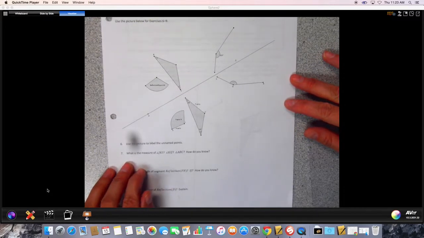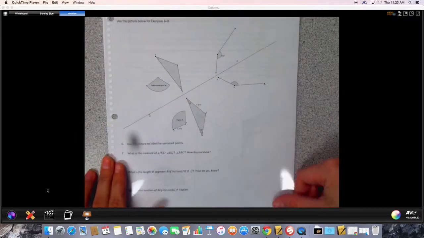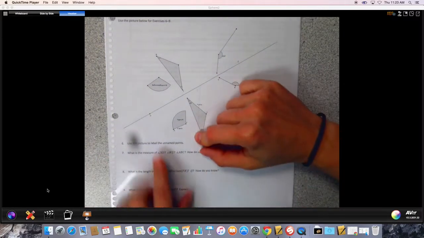Okay, so this one you actually don't have to draw anything in, and please excuse me for a second while I get a new transparency, and mine are all written on. Sorry about that delay.